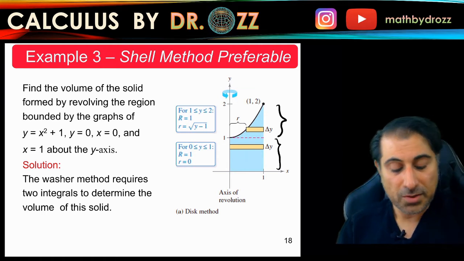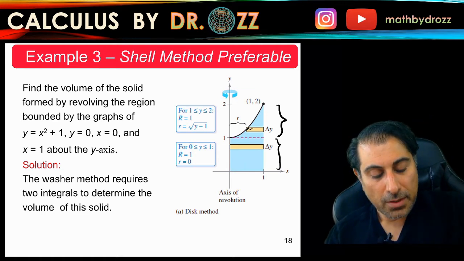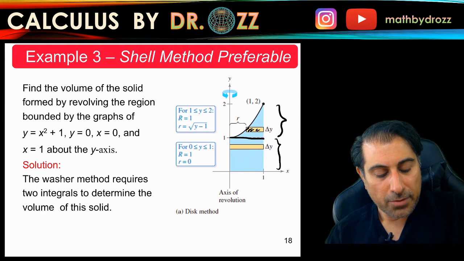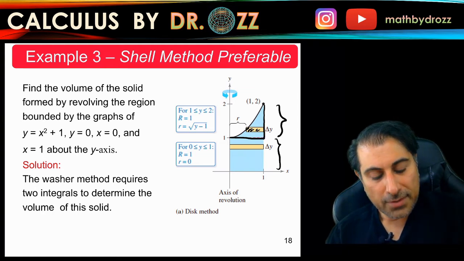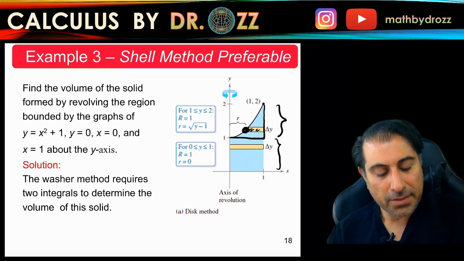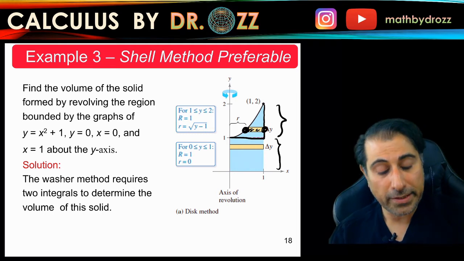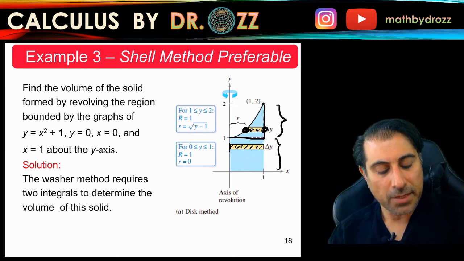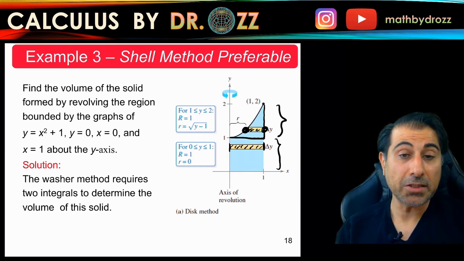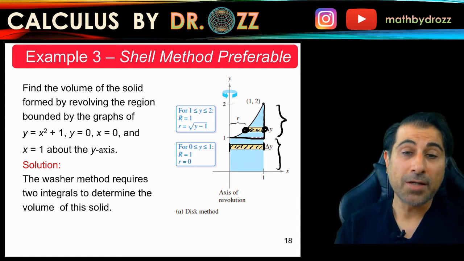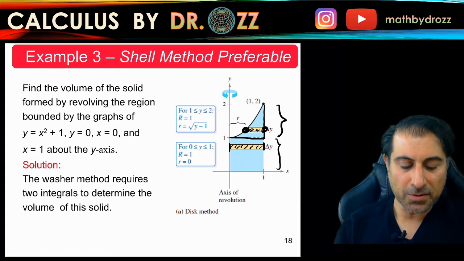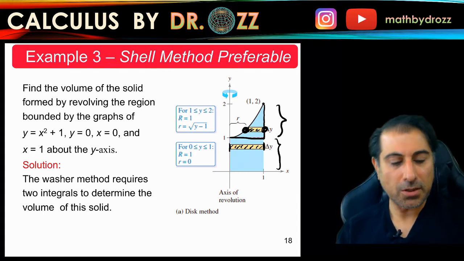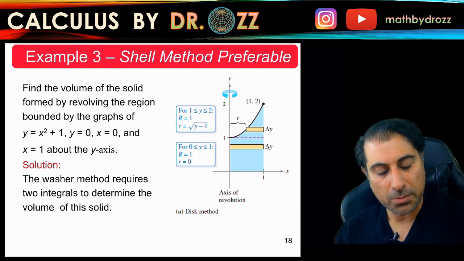In this subregion, the left-hand side of the rectangle touches the curve and the right-hand side touches here, whereas for this representative rectangle, the left-hand side is always touching the y-axis and the right-hand side is touching the x equals 1 vertical line.